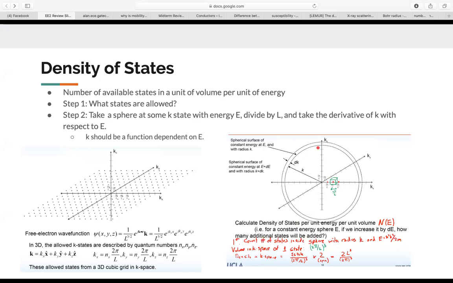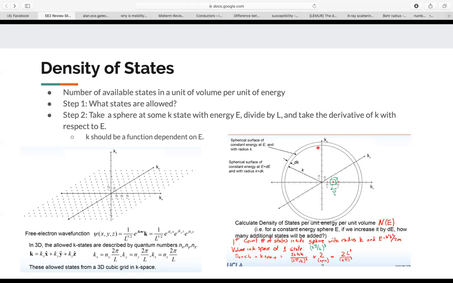So let's say we take a sphere of radius k with energy E, and we divide it by L, right? So we get states per volume at some energy E. And then we take the derivative of this function with respect to E, and that will give us the density of states.